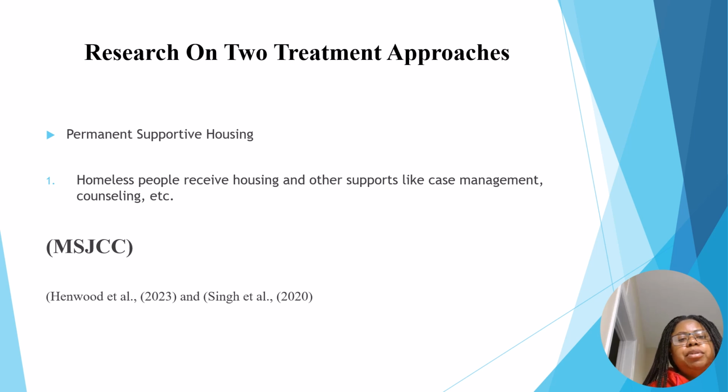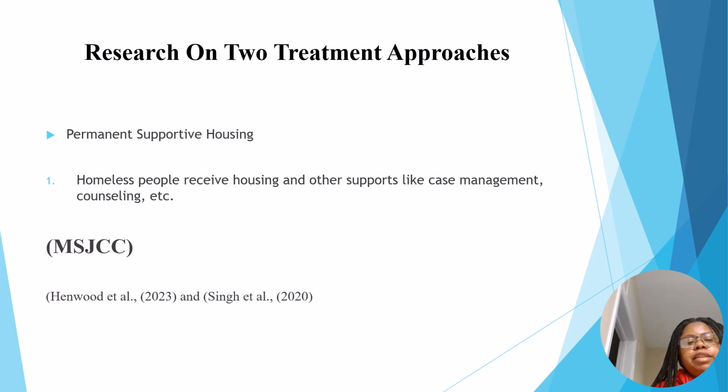The next treatment approach I want to highlight is permanent supportive housing. Permanent supportive housing is housing for homeless people or individuals who have housing instability, and oftentimes they have substance use, disability, mental health challenges, things of that nature. And so permanent supportive housing is slightly different from just housing first.